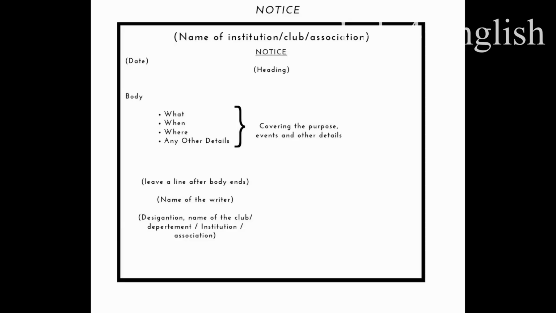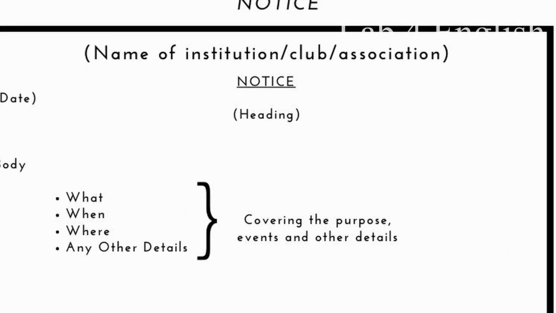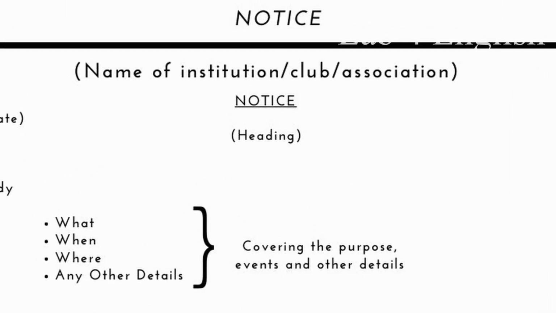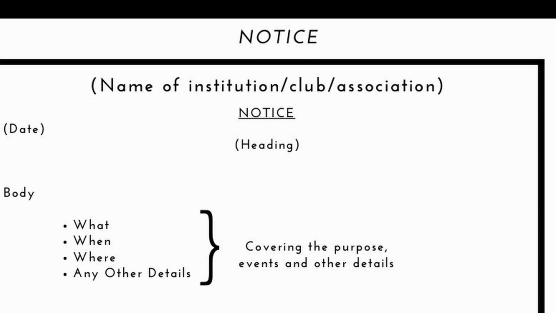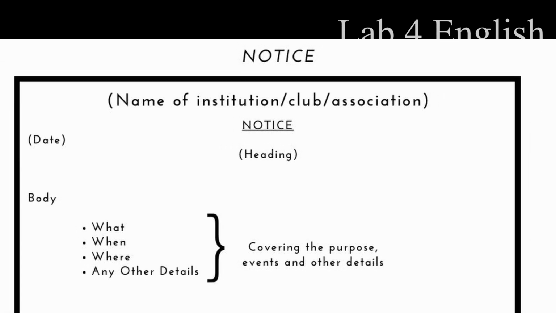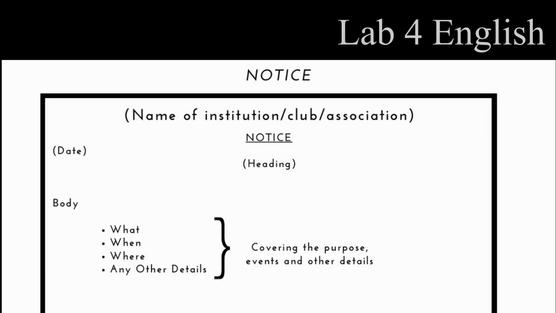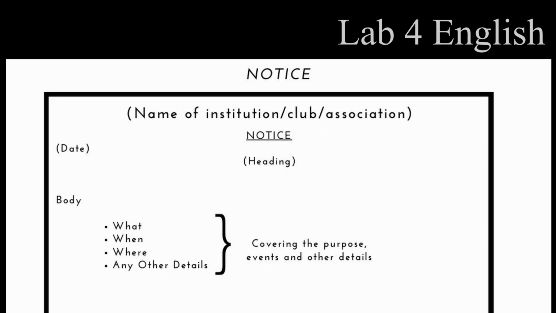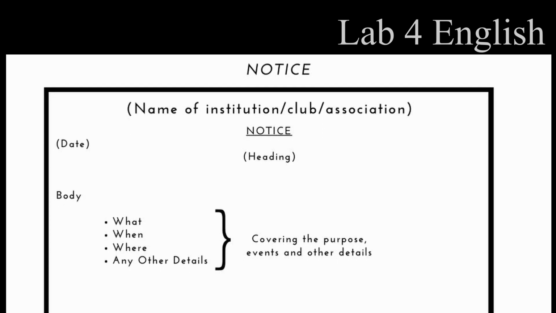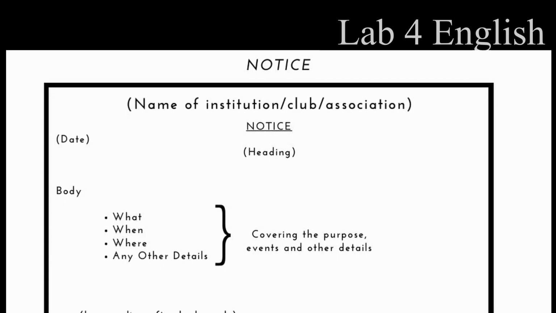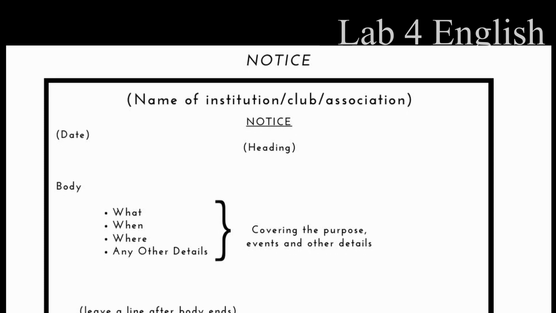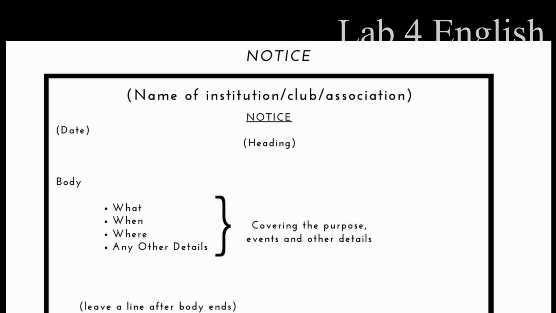There won't be any confusion with respect to the date. Then comes the title or the heading. It has to be in the center and it has to be completed within 3 to 5 words. It should not look like a sentence. It should actually be like a heading, which will tell the reader what to expect in the body of the notice.